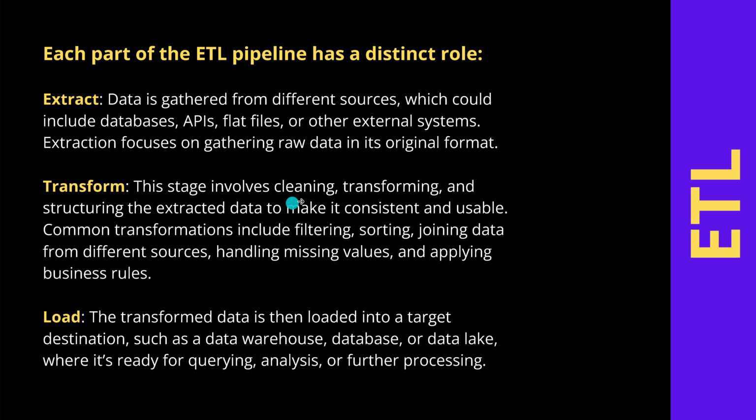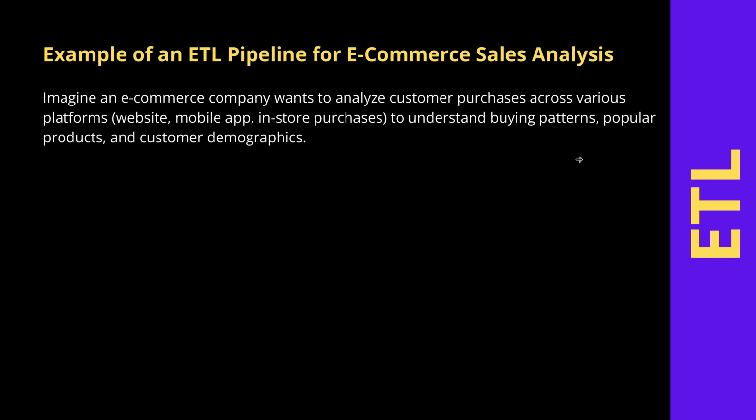This means cleaning, transforming, structuring the extracted data to make it consistent, bringing it into a JSON format, whatever we need for filtering, sorting, joining the data from different sources, Word documents, Excel spreadsheets, whatever we have. And then load. All this transformed data is then loaded into a target destination, a data warehouse, a database, a data lake, wherever we can then go on for the next step.